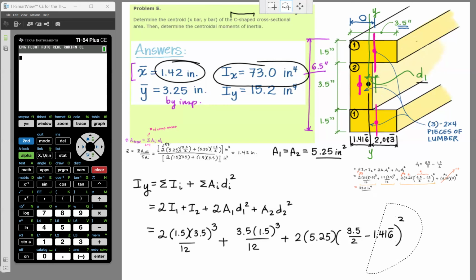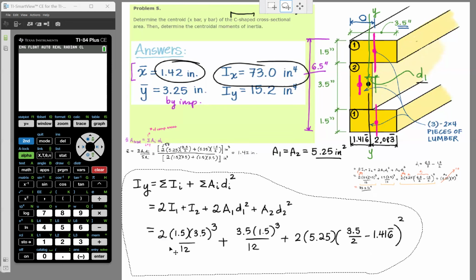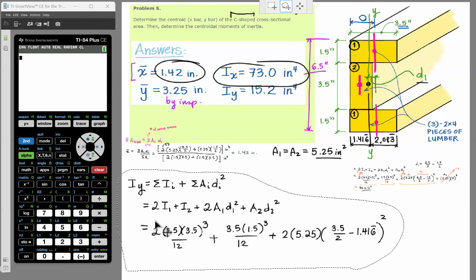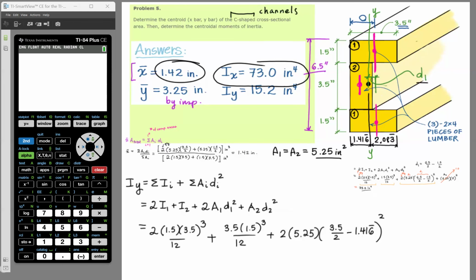All right, we've got one more term to go. It's going to make this just a tiny bit smaller, so I've got a bit more room. Last term, my area number 2 times distance 2 squared, area is 5.25. But what is my D2? My D2 measures between the overall y-axis and the parallel axis of shape 2.